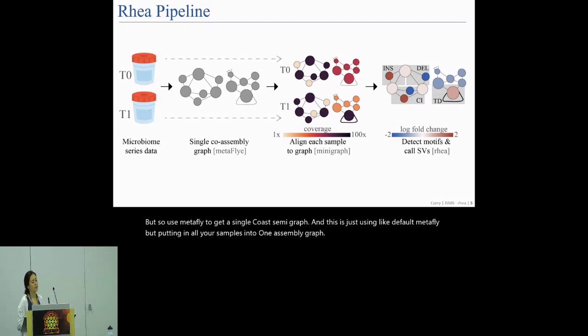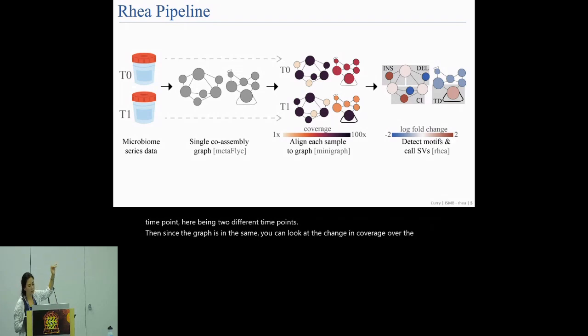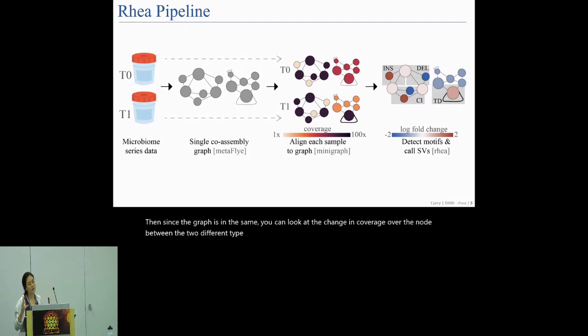We then align each set of reads to the graph independently. This way you can go back and look at your coverage for each node for each specific time point, here being 2 different time points. Then, since the graph is the same, you can look at the change in coverage over the node between the 2 time points. And then we can go into this graph and look for specific patterns.